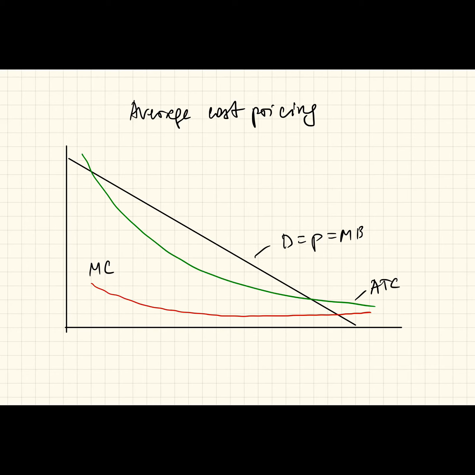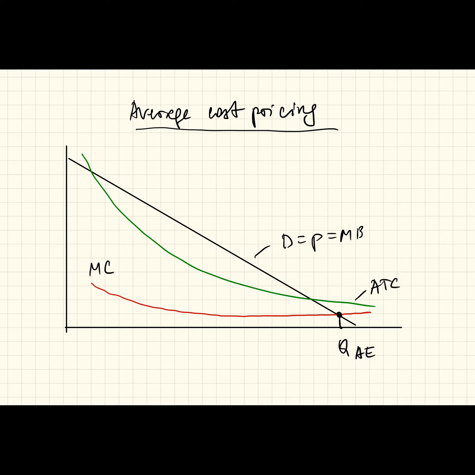And simply put, average cost pricing is when we push this company to produce as much as possible. I mean, we try to make it produce as close as possible to this point, because again, that's the point of allocative efficiency, without losing money.